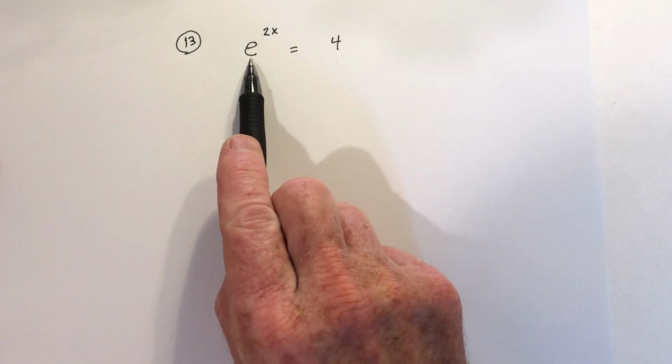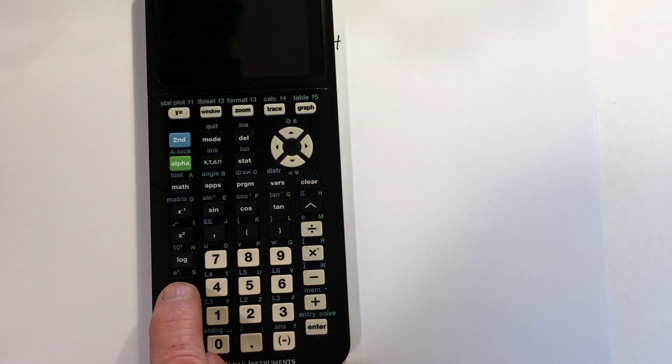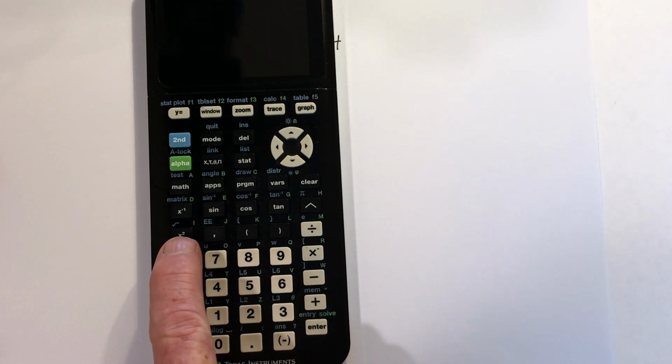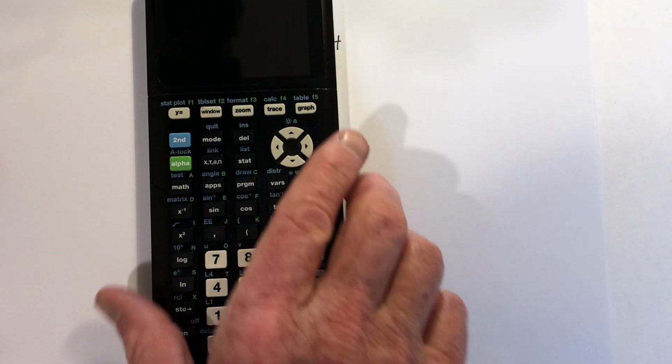So with the e function, if you look on the calculator, the e function is right here in blue, and right next to it is the natural log function. The reason they're next to each other is because they're opposites. Just like right here, the square and the square root function are next to each other because they're opposites. The log and the 10 to the x are opposites. The natural log and the e are opposites.